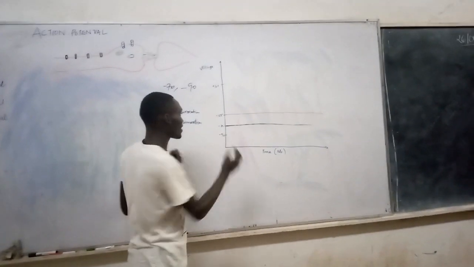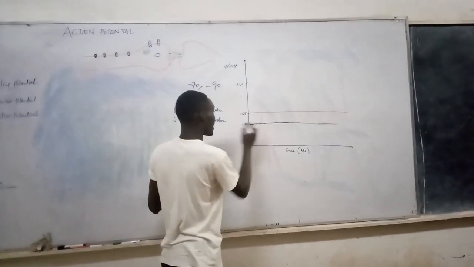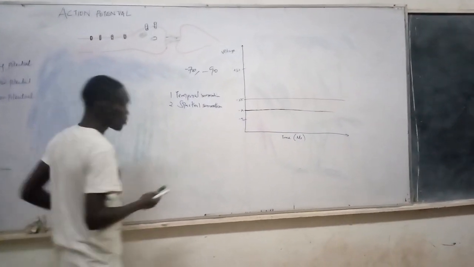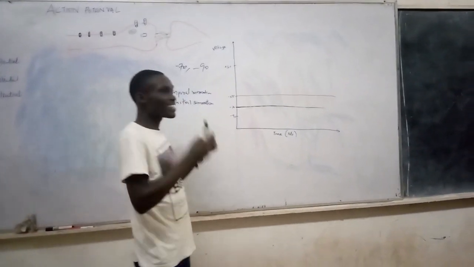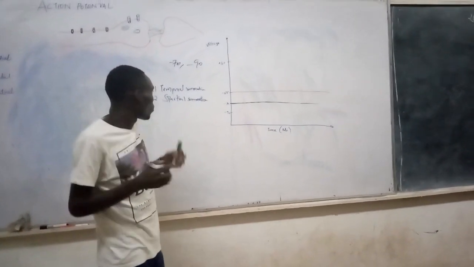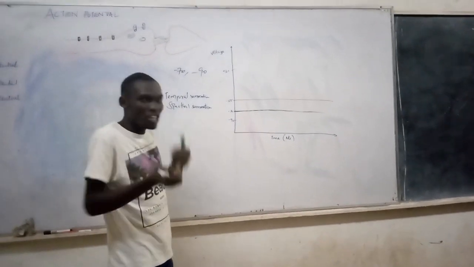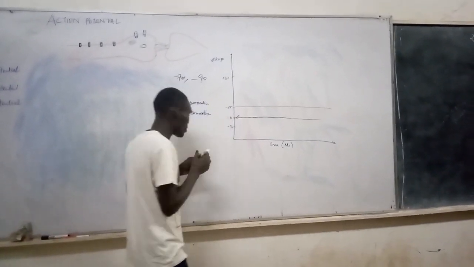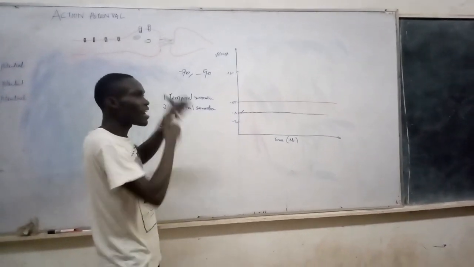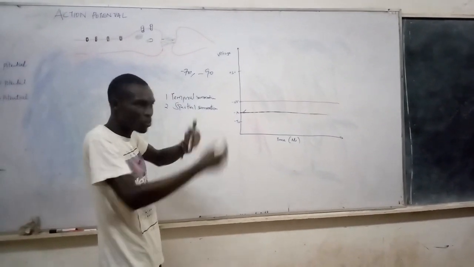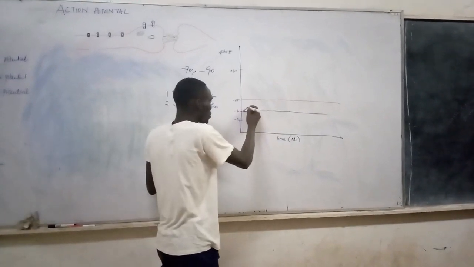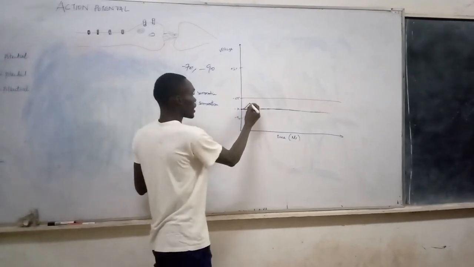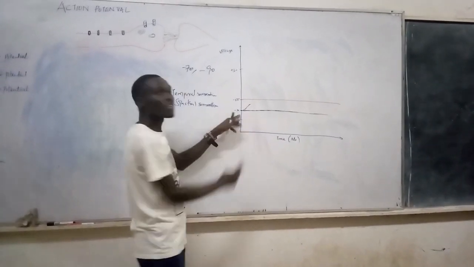When the membrane is at rest, it's not conducting, it's at negative 70. When it starts conducting signals, it means there is stimulation. With repeated stimulations, when there is no adequate stimulation, the membrane can go up a little and come back to negative 70.